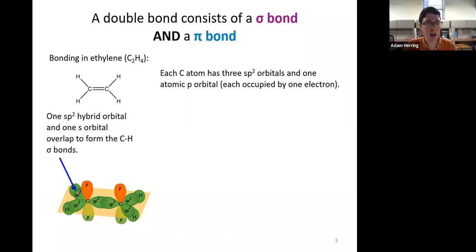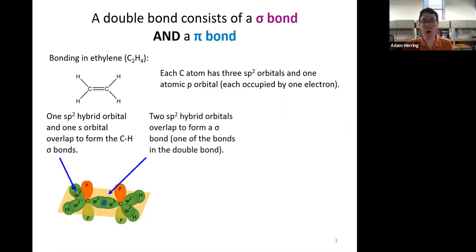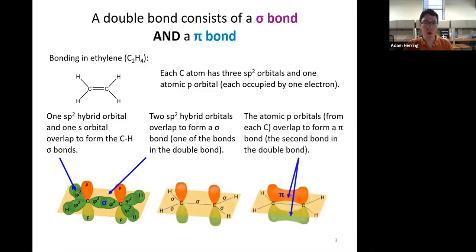Each of the sp2 hybrids overlaps with an s orbital to form the C-H sigma bond, and then 2 sp2 hybrid orbitals, 1 from each carbon, will overlap to form the sigma bond in the carbon-carbon double bond. Also, we have overlap of the atomic p orbitals from each carbon, and that forms the pi bond. And this is the second bond that's involved in the double bond.